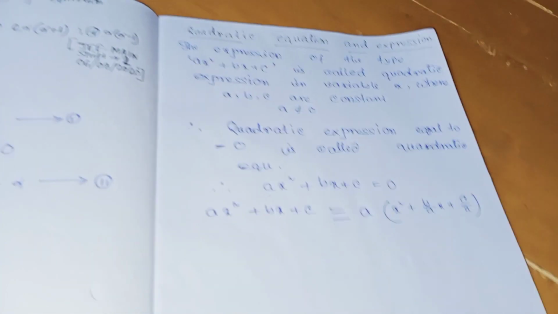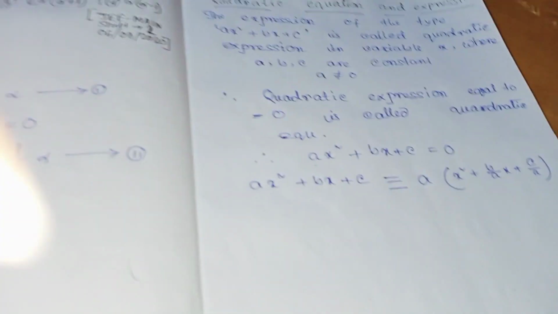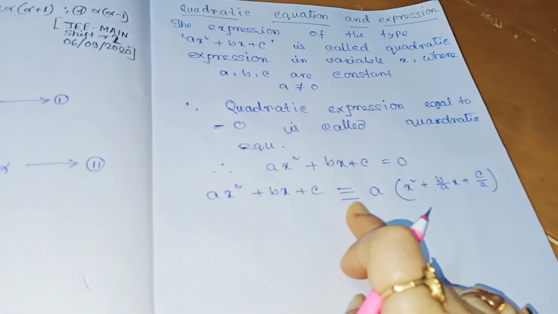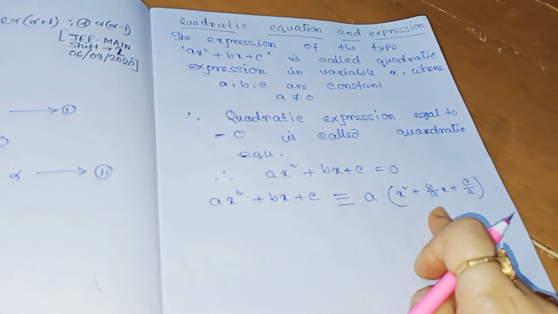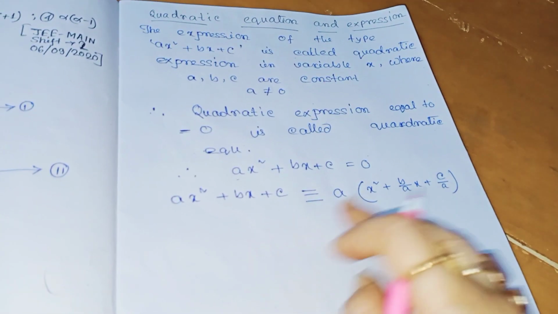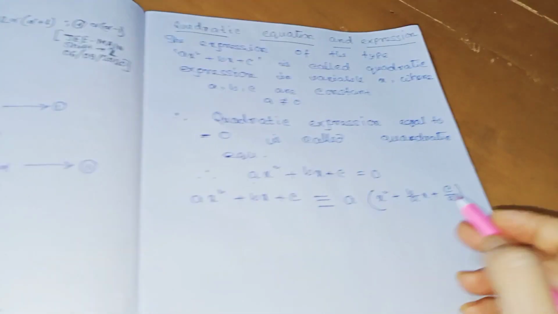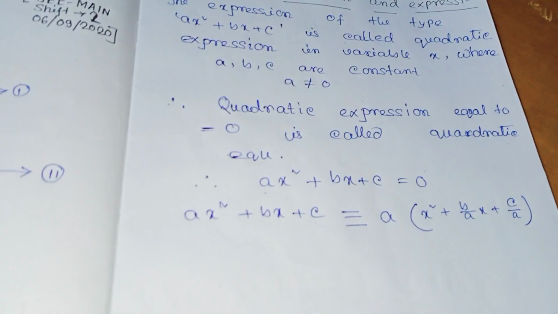Once again, this tells us the left hand side and right hand side are the same things, but the form is not equal.